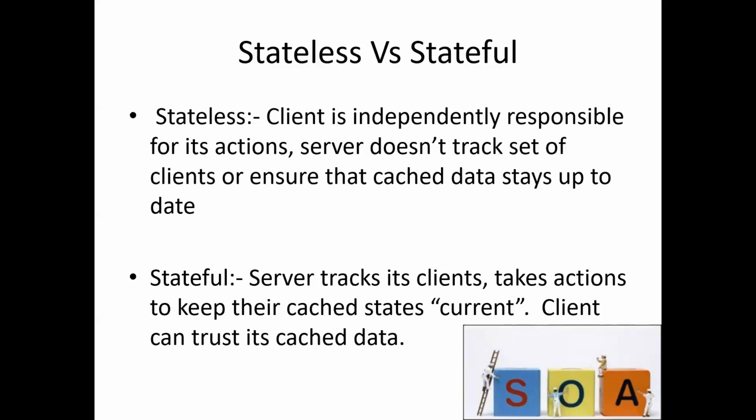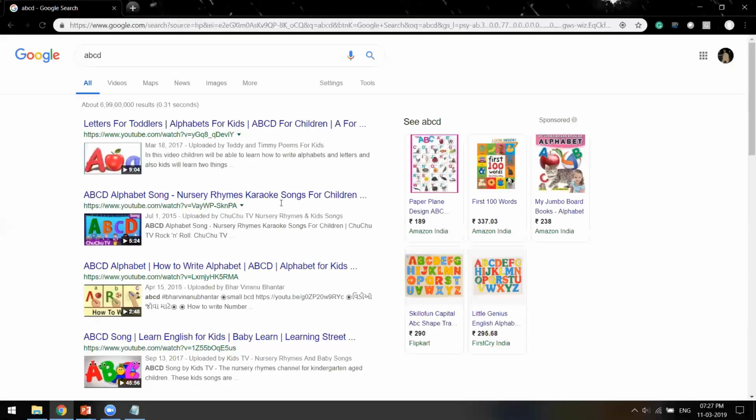Let's say I don't have internet, or the Google server is down. That does not mean my laptop or PC will stop working. It will still continue to work as expected. And vice versa, if my laptop is not working, that does not stop the Google server from working. Which means both can exist independently.